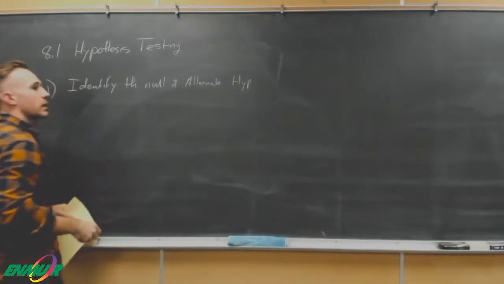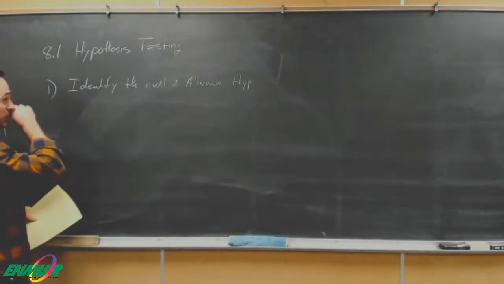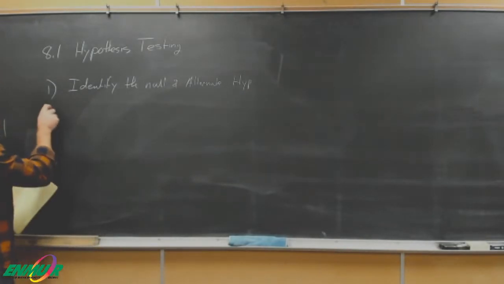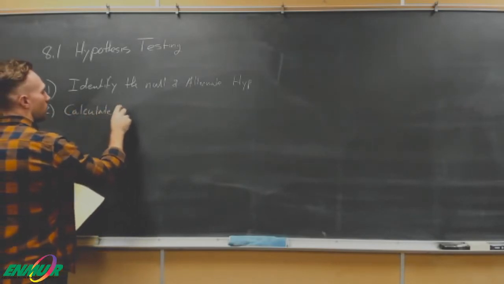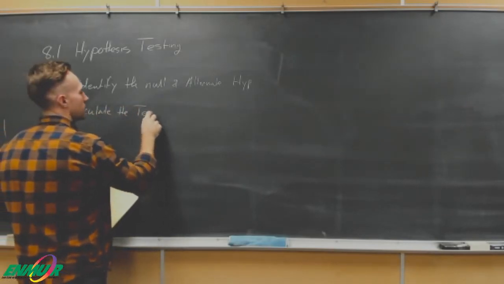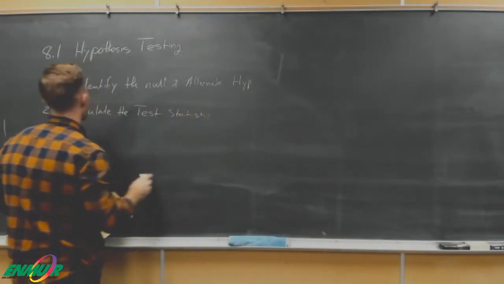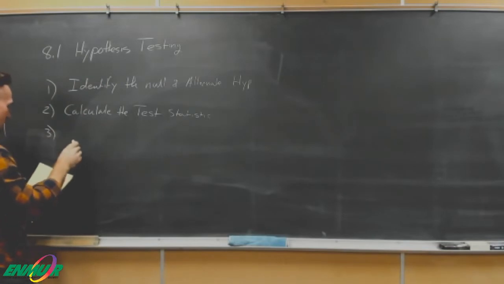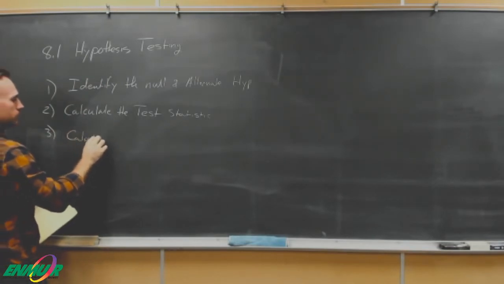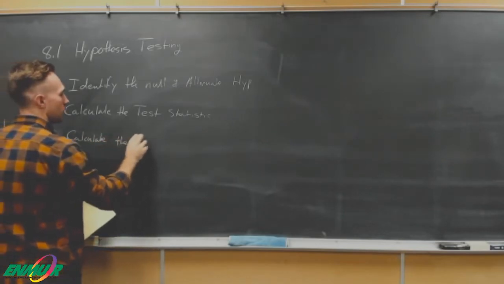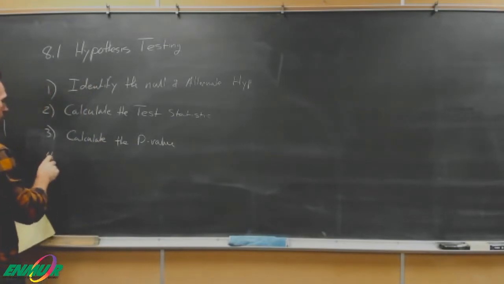I will probably abbreviate hypothesis as HPY a lot. We want to learn how to calculate the test statistic, and then we want to calculate the p-value, which you've already been doing, we just haven't actually named it.